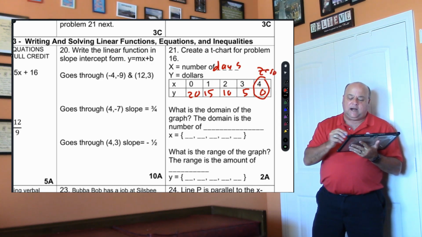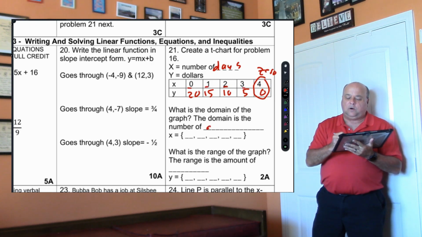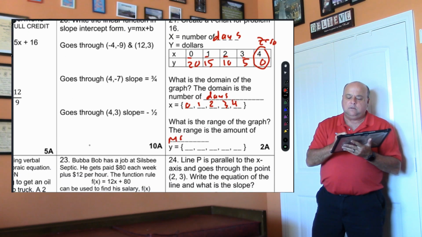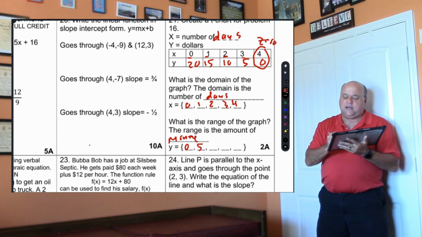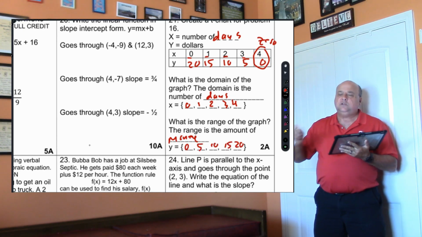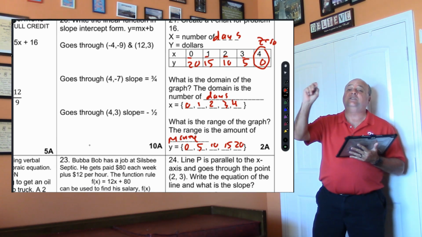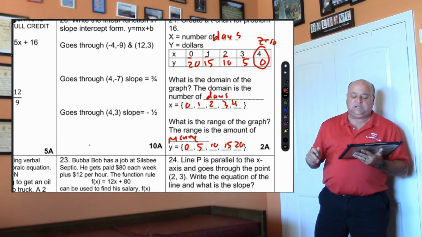The domain of the graph is the number of days, and it's 0, 1, 2, 3, 4. The range is the amount of money. And remember, you put it smallest to biggest, so we're going to go 0, 5, 10, 15, 20. So that's our domain and range. We would not connect the dots because she's never going to have like $18.23. She's spending $5 each day.